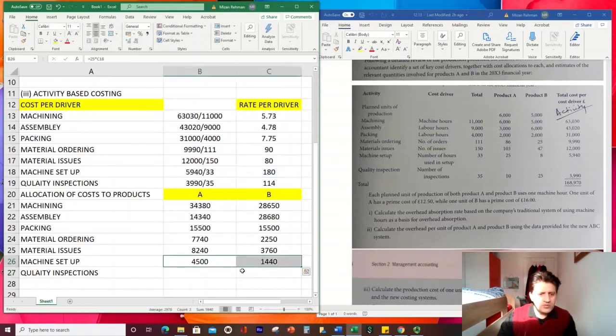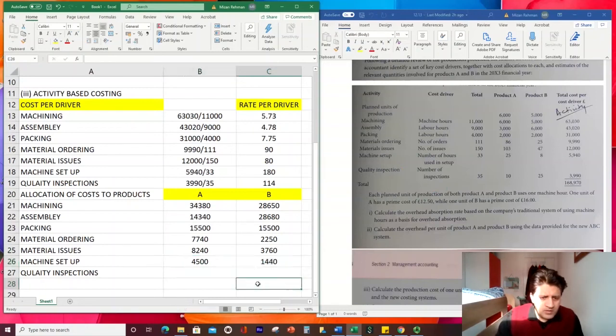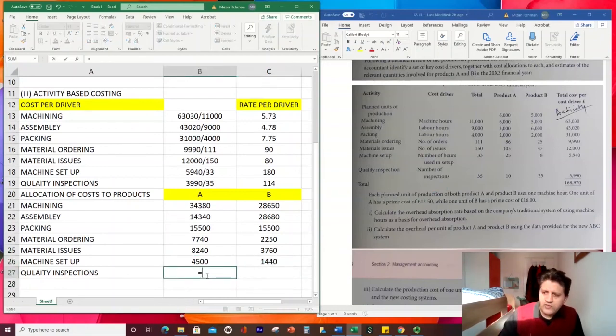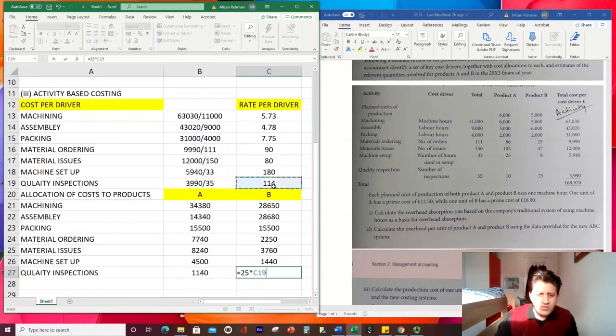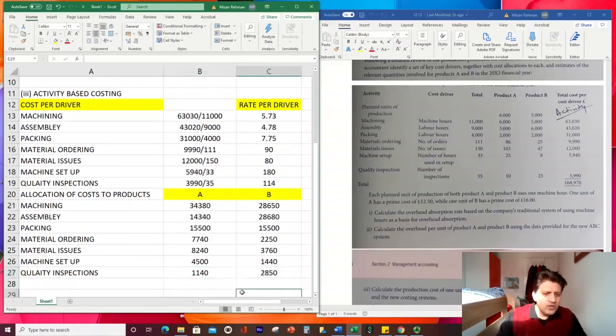So the total is 5940. So that is machine setup is correct. And for inspections, we have 10 inspections for A. Cost per inspection is 114, and for B, inspections are 25 times 114, and if you do the check it is 3990. So we have allocated all of the overheads to our products now.